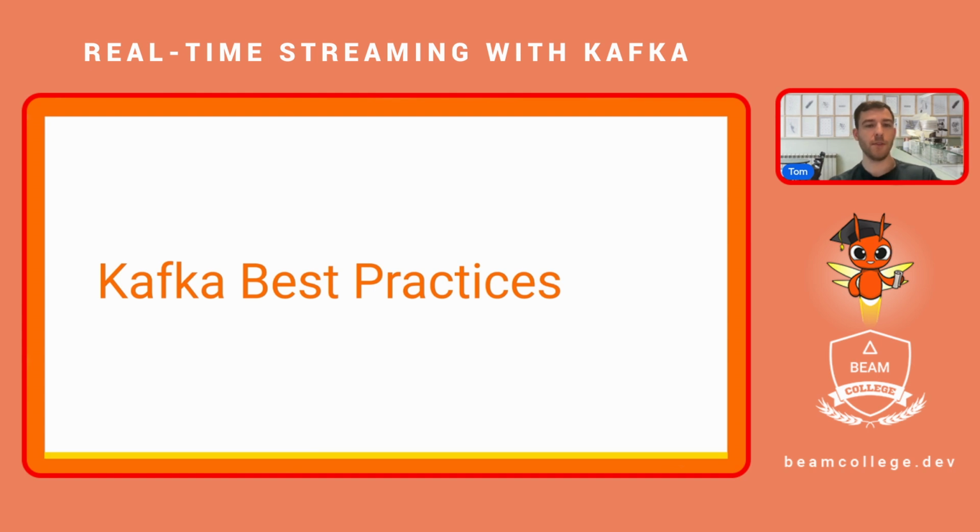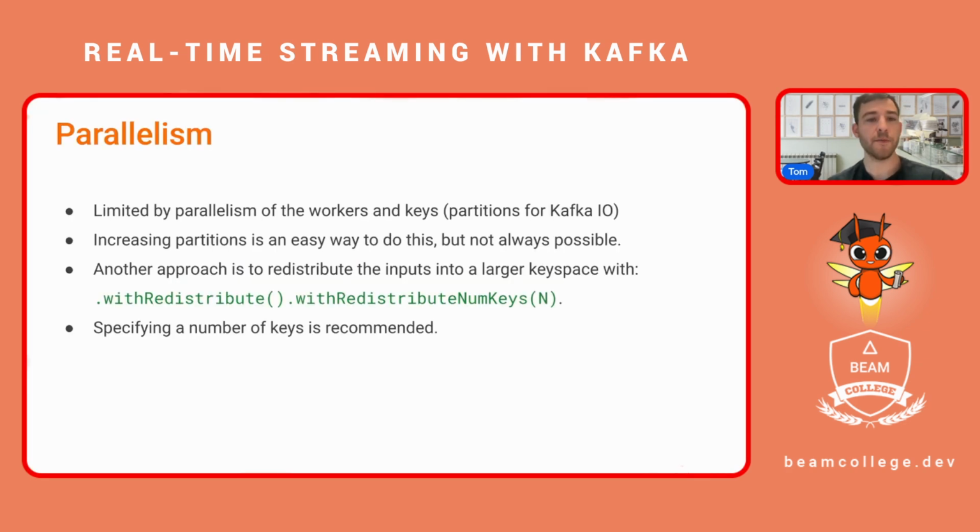Finally, we'll discuss some key best practices for using Kafka with Apache Beam. You'll see some common themes from topics we previously discussed. When optimizing for parallelism, it's crucial to understand the limitations. Parallelism is generally constrained by both the number of available workers and the number of keys.